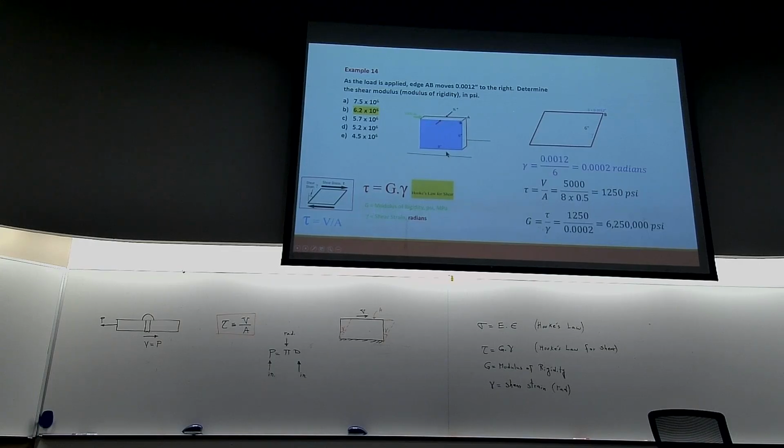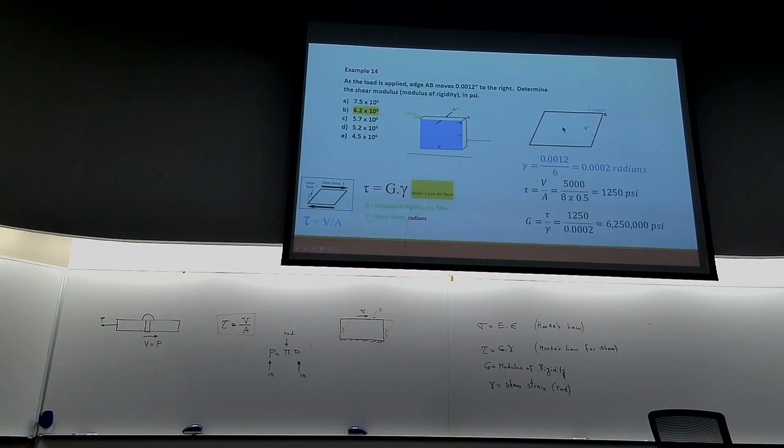The bottom surface is attached rigidly to a support so it cannot move. And we apply a force of 5,000 pounds, shown in green, to the top surface. As a result, the edge AB, which is this edge, moves to the right by a very small amount, 0.0012 inches. And based on this information, we are asked to find G for this material.